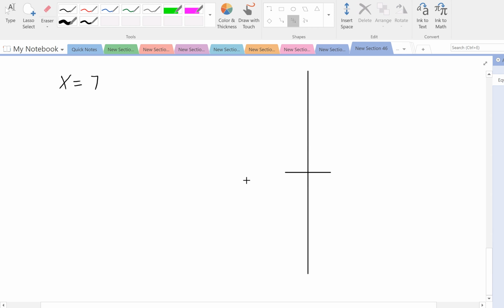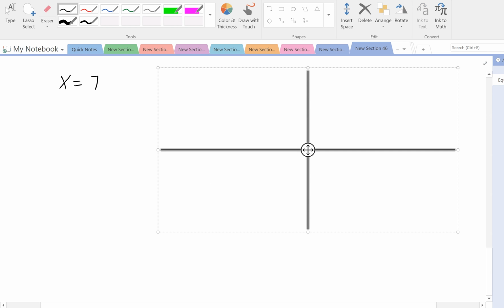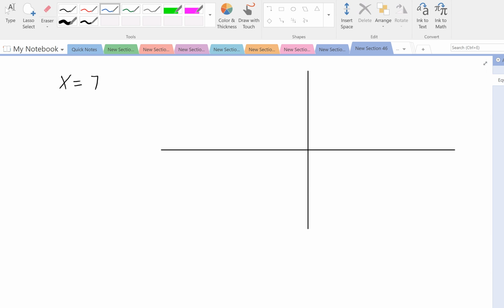I draw my x-axis, y-axis, and then I find the x value. x is 7. We have to know the x values 1, 2, 4, 6, 7. So this is the x equals 7.